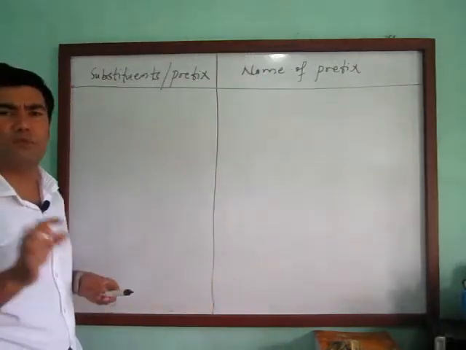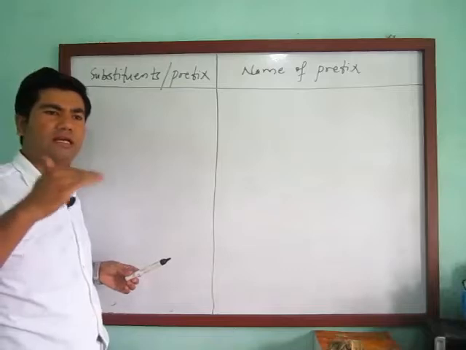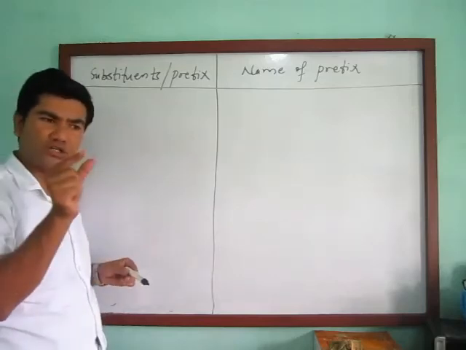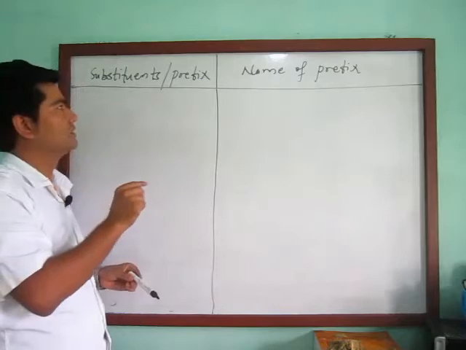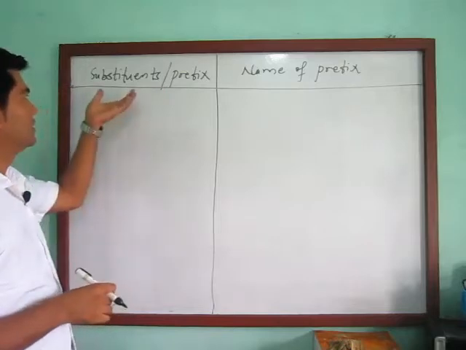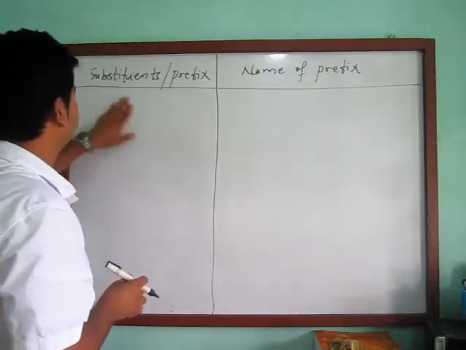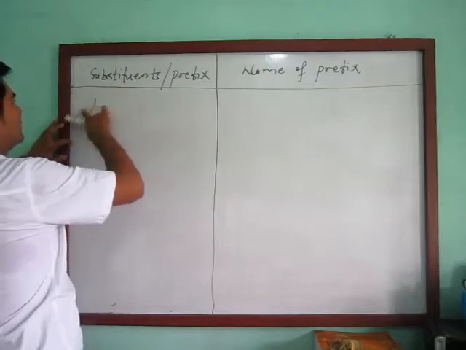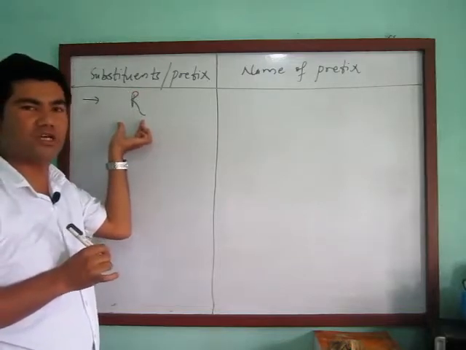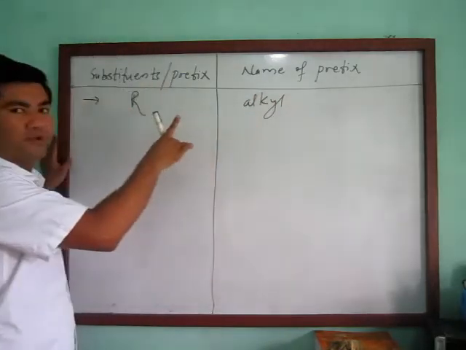So everybody, in the case of polyfunctional groups, poly means functional groups that are more than two in number, those functional groups are taken as substituents, and those substituents are considered as prefixes. Okay, number 1: if R is branched in the main chain of the given organic compound, then we should use alkyl as a prefix.